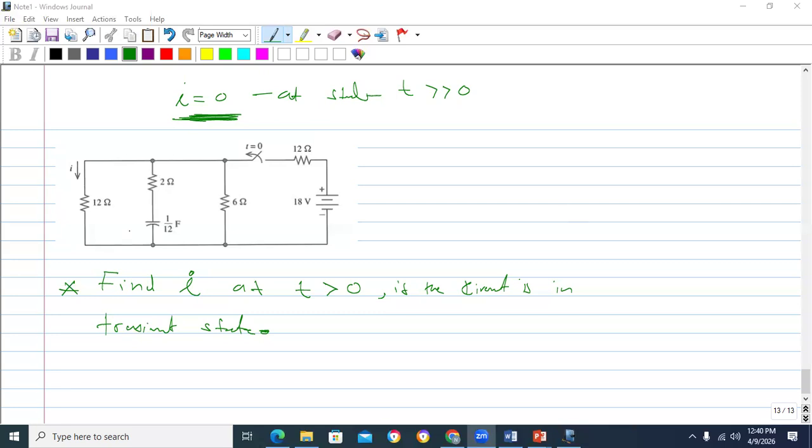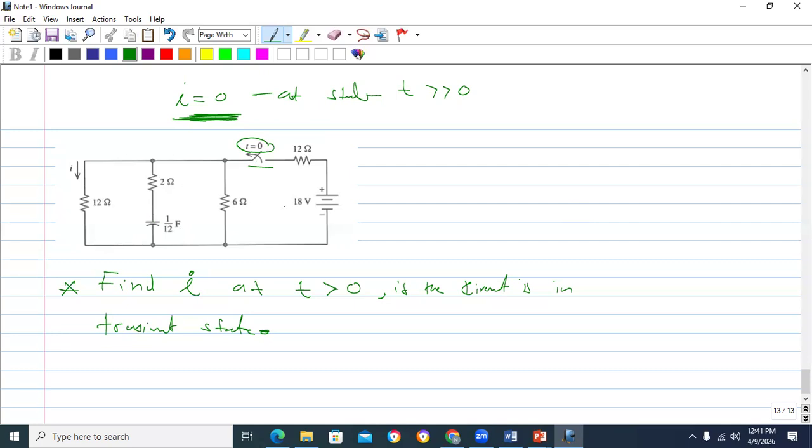Okay, so that means when this switch is off, it is a steady state. That means this capacitor is fully charged. Once you switch on at t equal to 0, this capacitor starts to discharge.